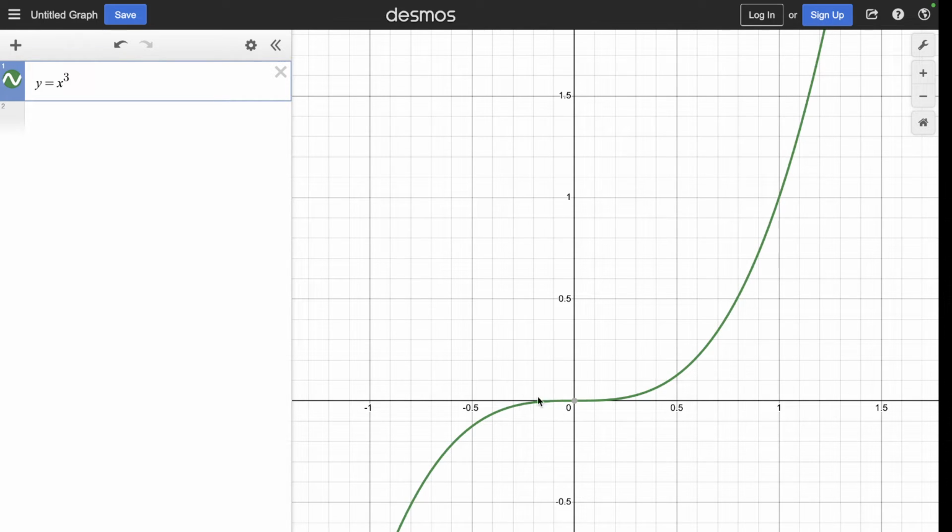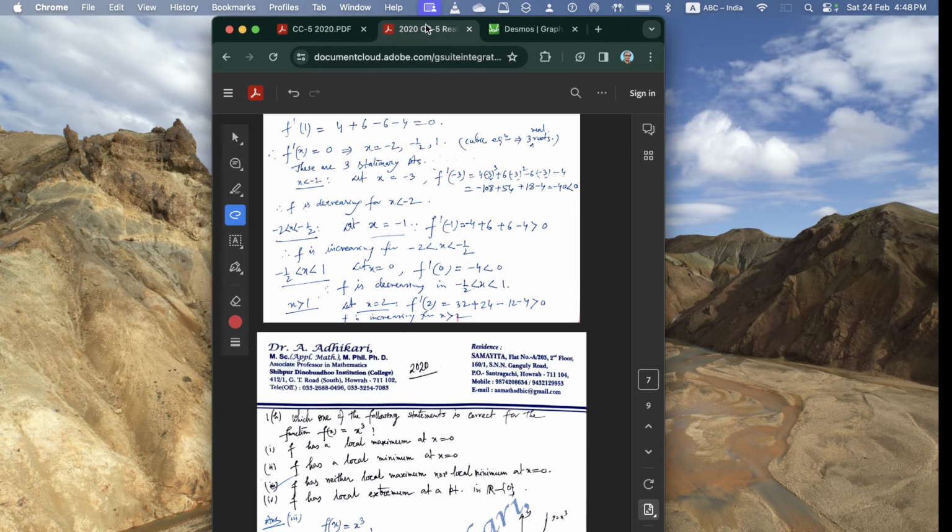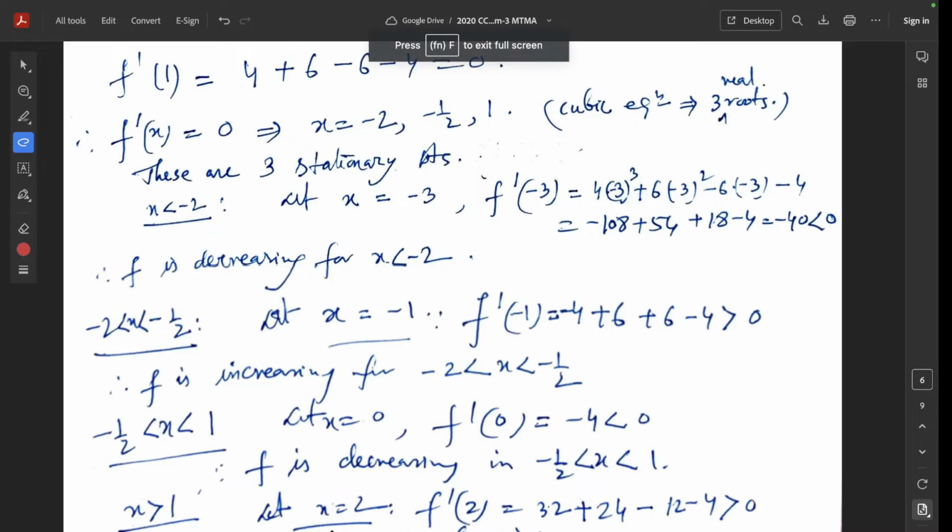There is no tangent here, and the value of the function is 0. Actually, this is the point of inflection, x equal to 0.